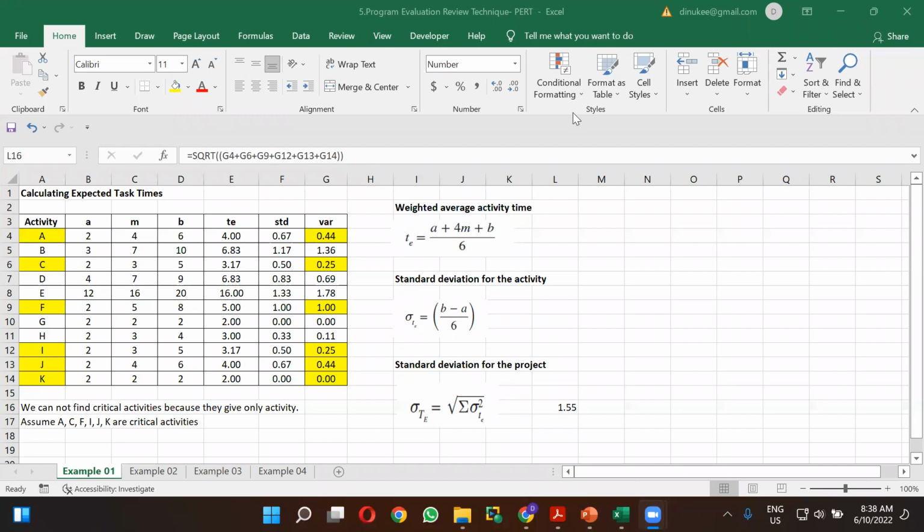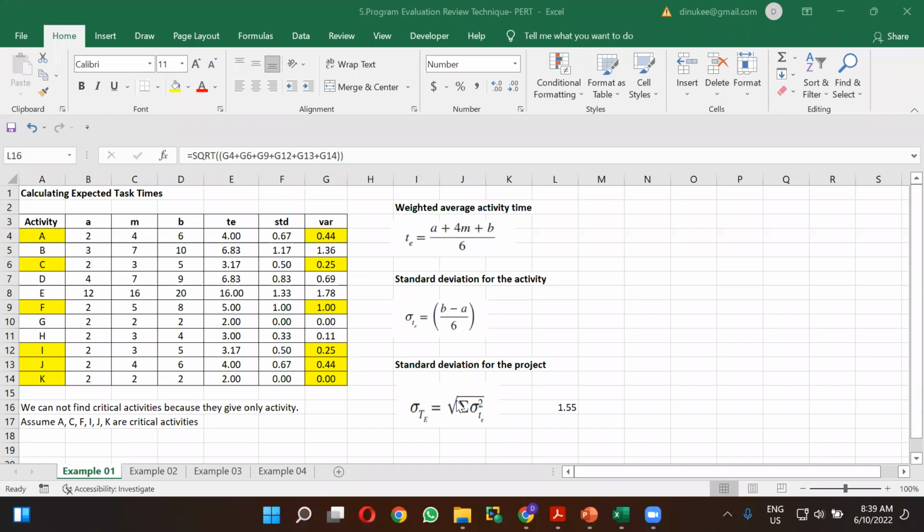I think the time is enough for you to calculate the standard deviation for the project. Please make a note: when you are calculating the standard deviation for the project, you have to take only the variances of the critical activities, take the summation, and then take the square root.